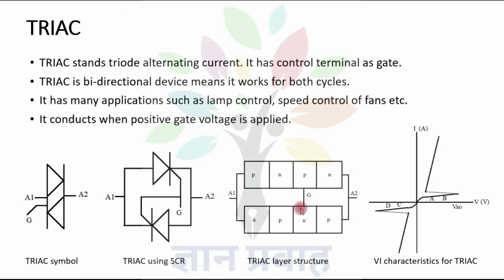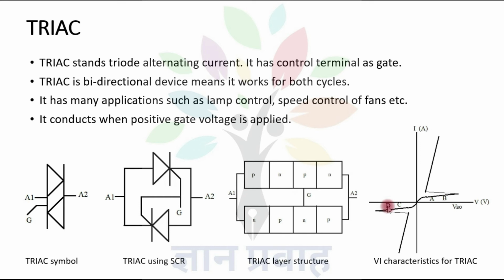Two SCRs are connected in this fashion, or we can say the anode of one SCR is common with the cathode of the second SCR. Similarly here, the cathode of one SCR is the common terminal with the anode of the other SCR. And here we are taking anode 1, anode 2 terminals, and the gate terminal is common for both the devices.